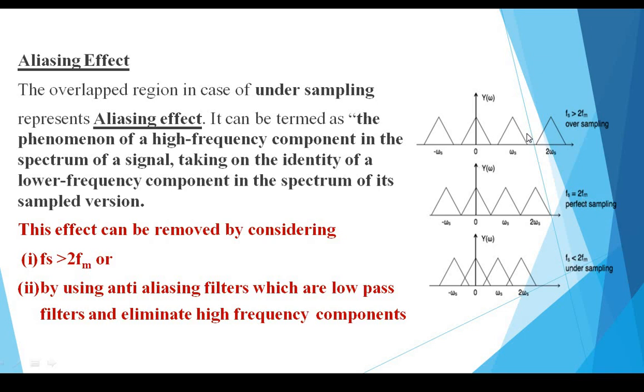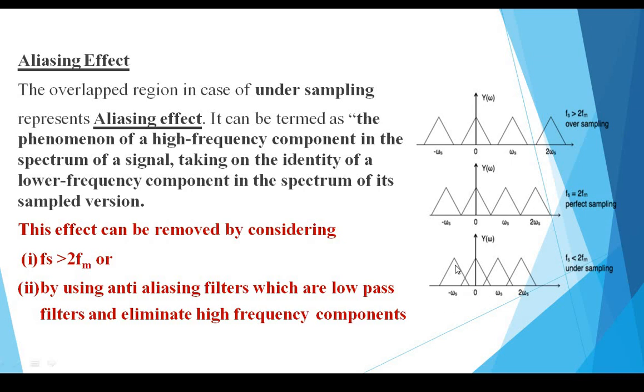The recovered message signal will be obtained, but the thing is it consumes lots of time. But in perfect sampling, if Fs is equal to 2 FM, you will get your message signal exactly the same, without any distortions at your receiver side. But in undersampling, when your Fs is less than 2 FM, your signals will be overlapped.